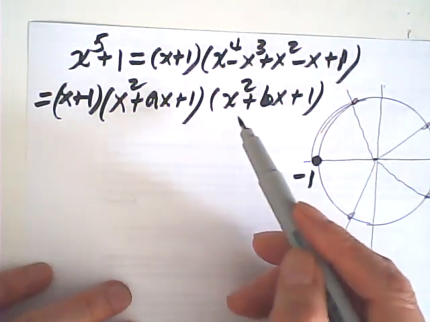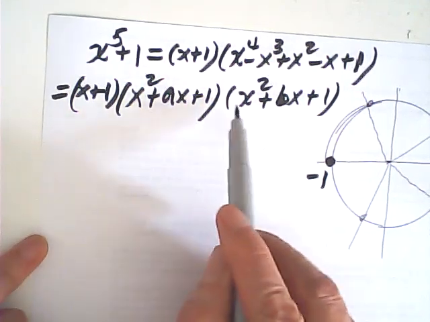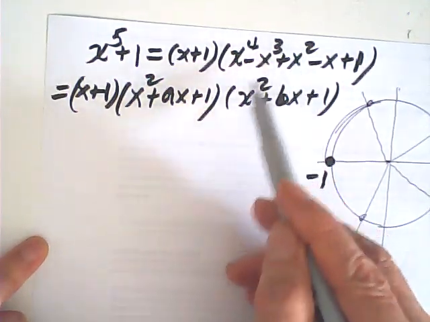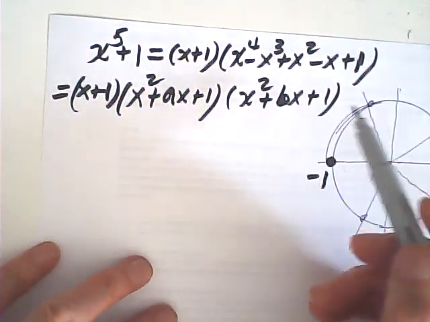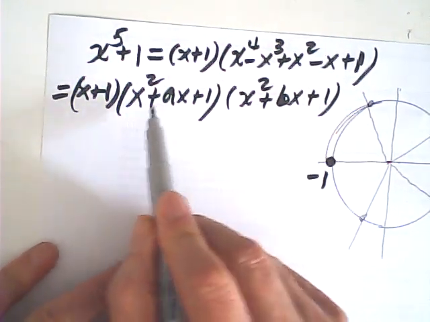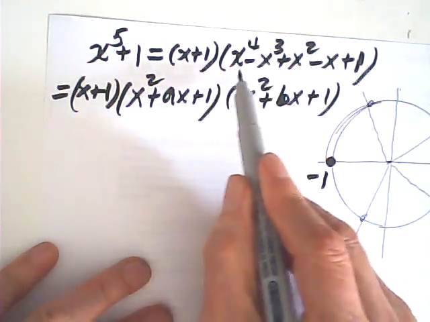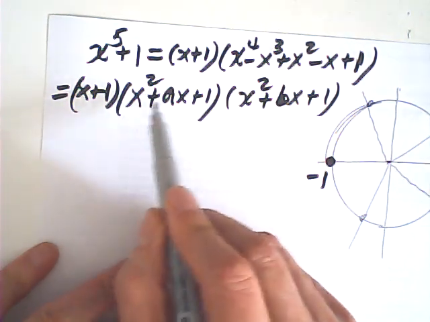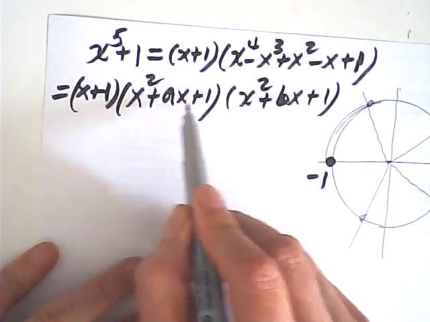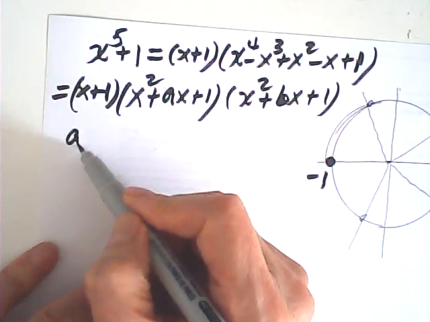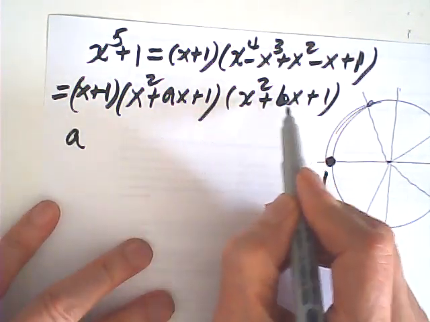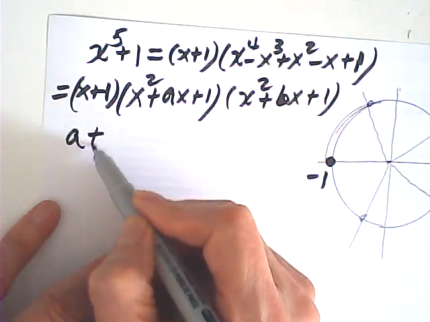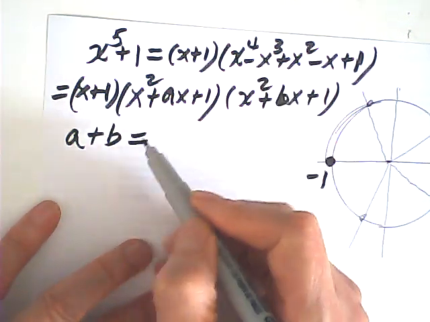And then we compare the coefficients to find a and b, right? By comparing the x cubed coefficients, a plus b is equal to -1.